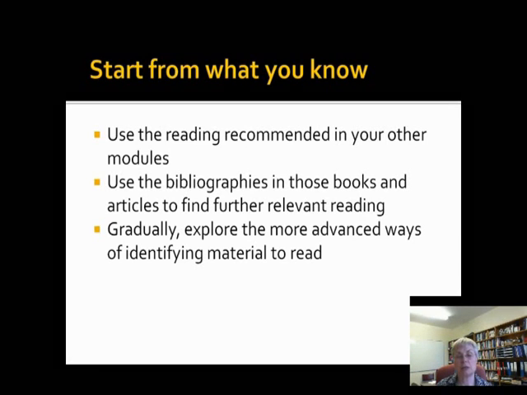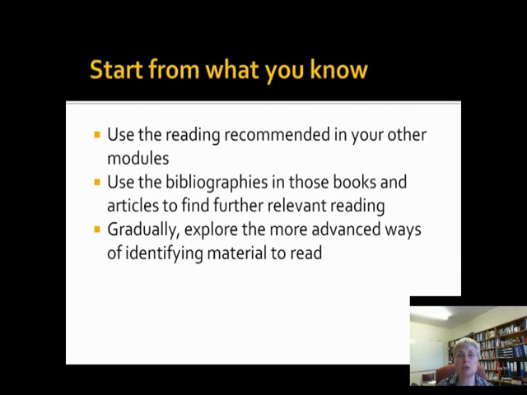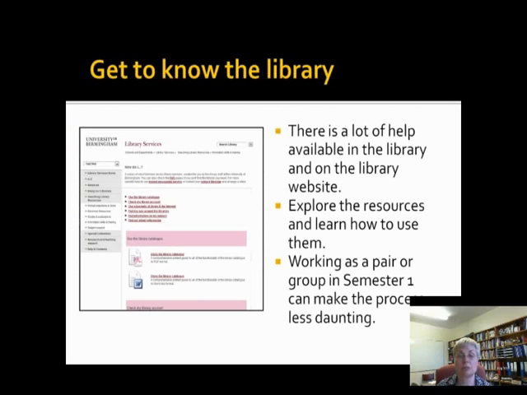And in the second of these talks, I'll explain about slightly more advanced ways of identifying material to read. Do get to know the library. It's a big building, but a lot of it is increasingly virtual and online. So go to the library, browse the books on the shelves by all means, but in addition to that, do have a look at the website linked to the library.